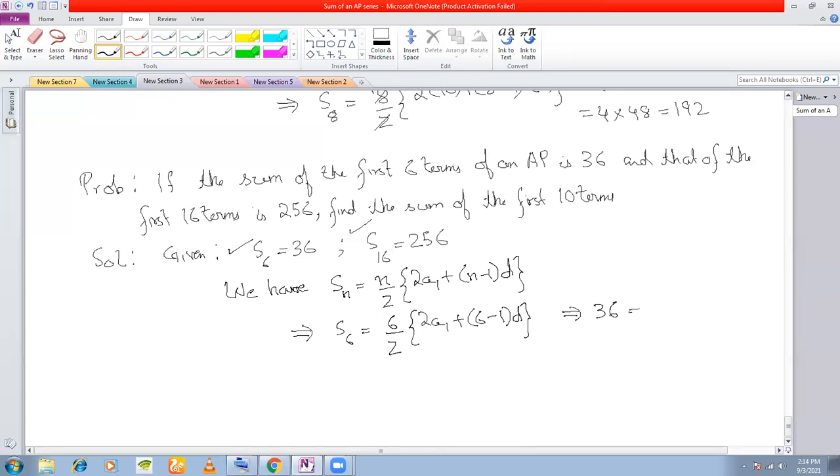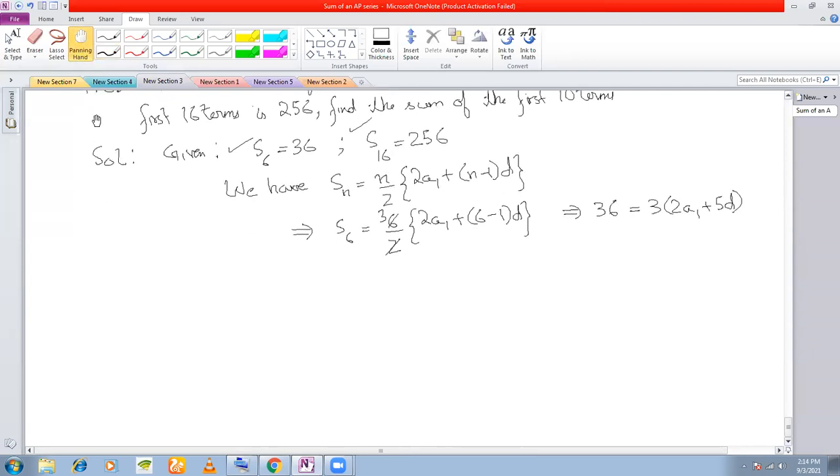So you put the value here. 36 is equal to, you can cancel here, 3 into twice A1 plus 5D. That means you get twice A1 plus 5D is equal to 36 by 3, dividing both sides by 3. Means you get twice A1 plus 5D is equal to 12. So you get the first simultaneous equation.